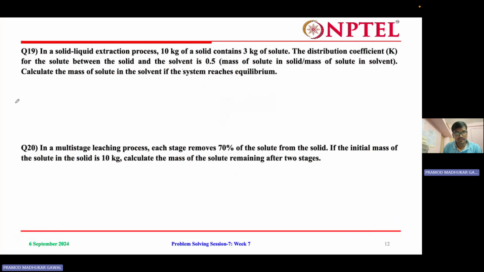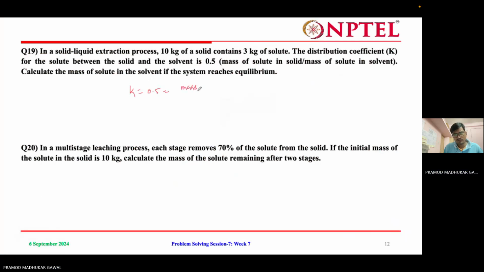Calculate the mass of solute in the solvent if the system reaches equilibrium. So the distribution coefficient value given is 0.5, and it is the mass of solute in the solid divided by the mass of solute in the solvent.